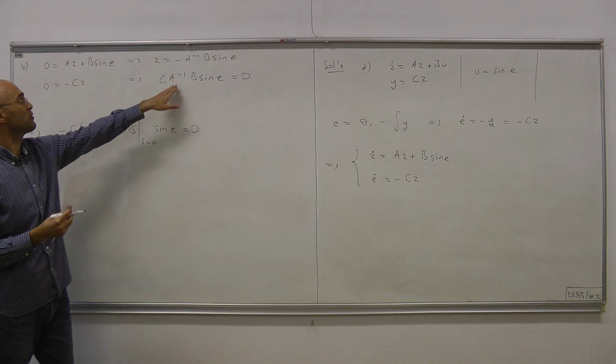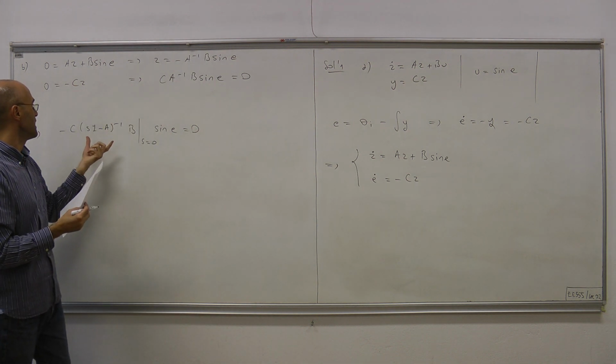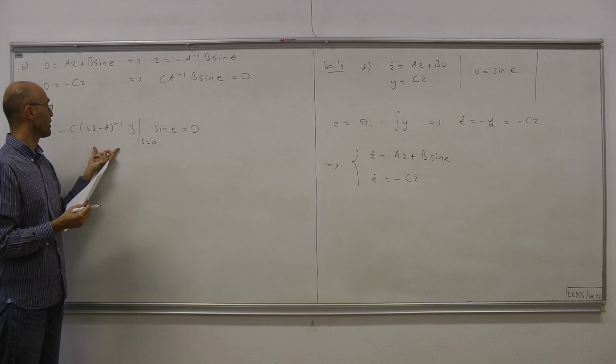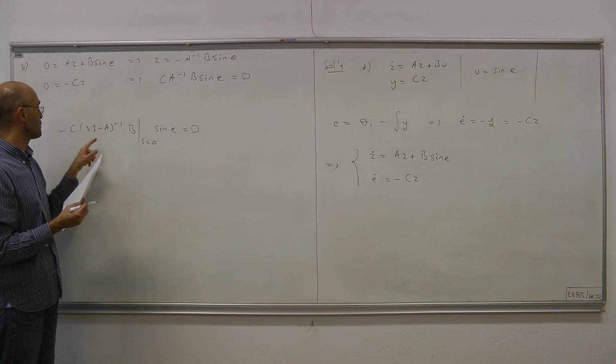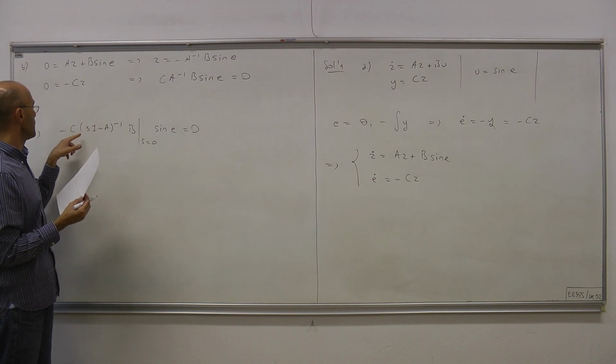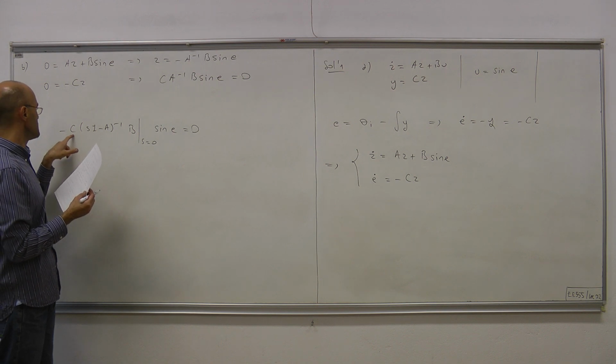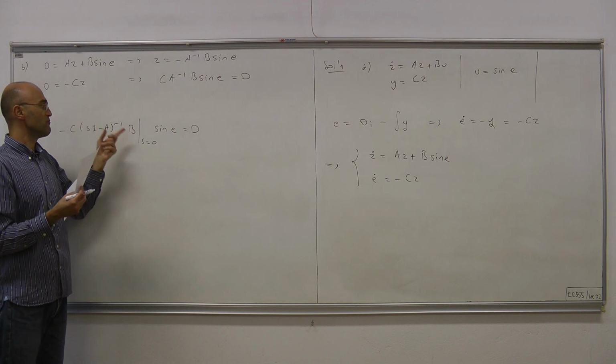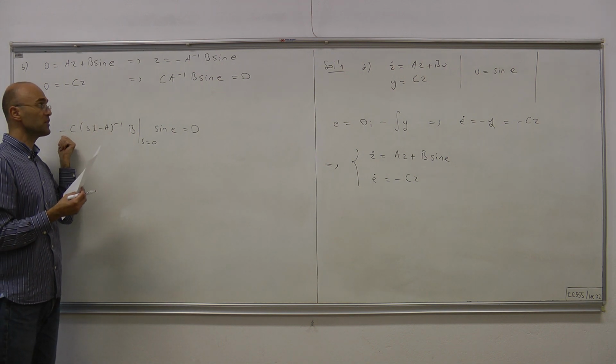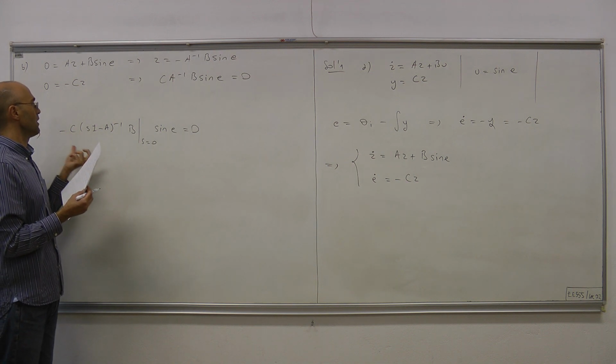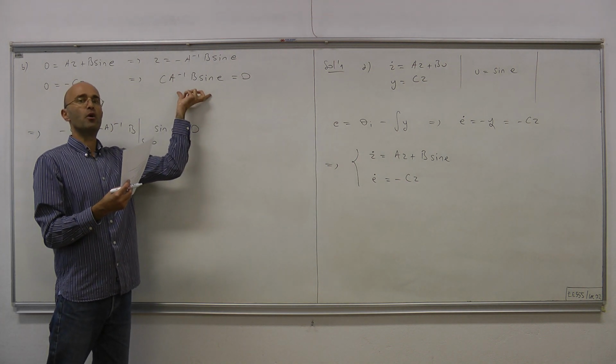So what we did is we rewrote this equation in this funny form. If you plug in S equals 0, this term goes away, and what you're left with is C times minus A inverse times B, and here we have another minus. Those two minuses will cancel out, and we have exactly this equation here.